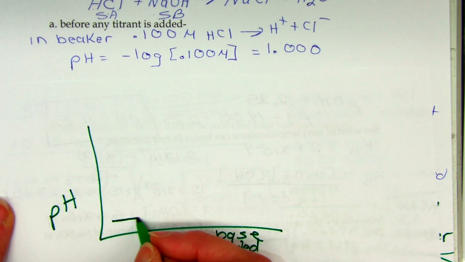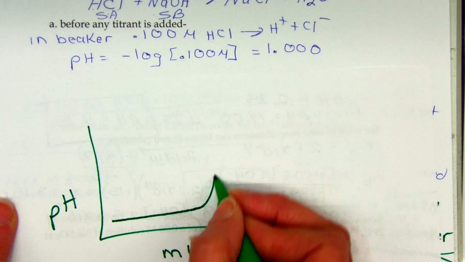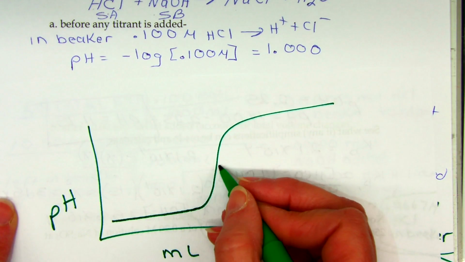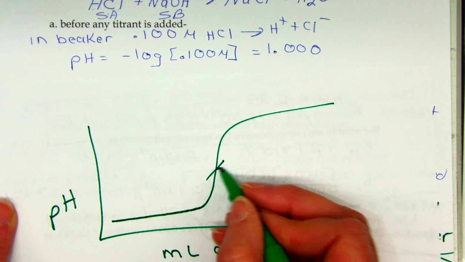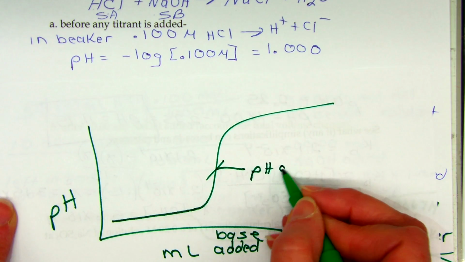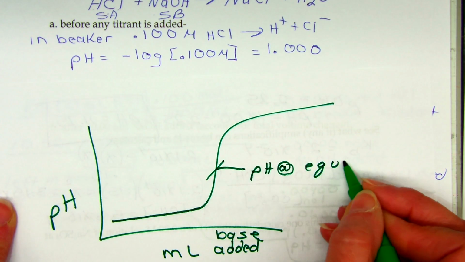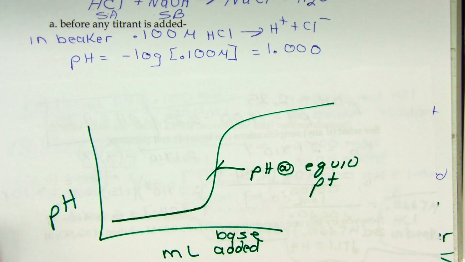We start off, the pH goes up a little, then all of a sudden it shoots up, and there is this point of inflection, and this is the pH at the equivalence point. So you'll see the pH going up a little bit, and then all of a sudden it goes up a lot.